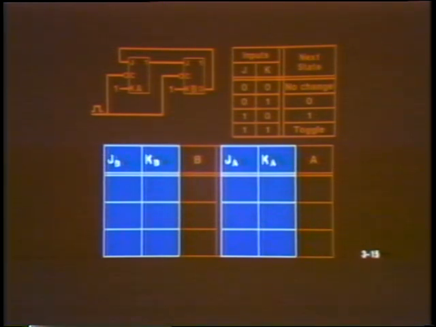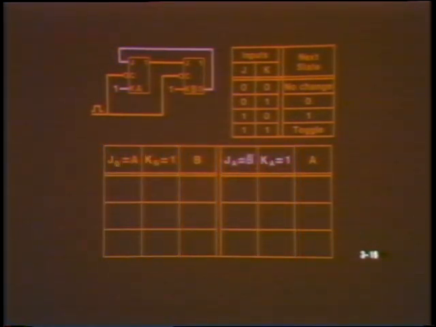The first step in analyzing a non-binary counter is to examine the circuit and write Boolean expressions for each flip-flop input. These Boolean expressions are called the control equations. The control equations for the flip-flop inputs can be read directly from the circuit diagram. For flip-flop A, the control equations are J sub A equals B bar and K sub A equals 1.